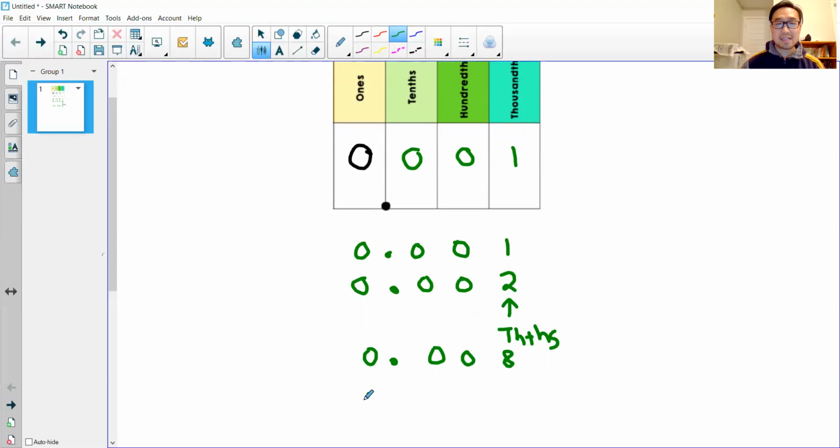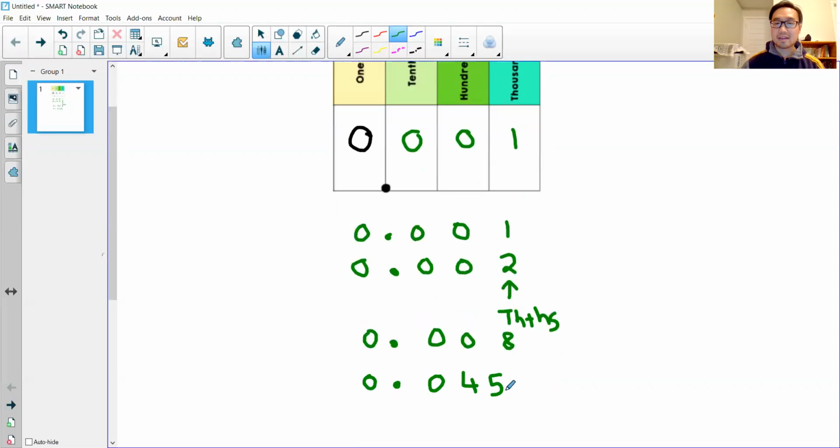Now, if I had 0.045, this would then be 45, and the digit 5 is in the thousandths place value, so I would say this is 45,000ths.